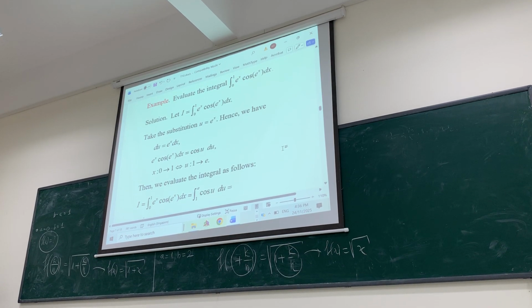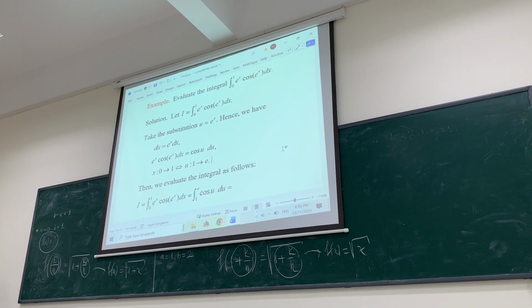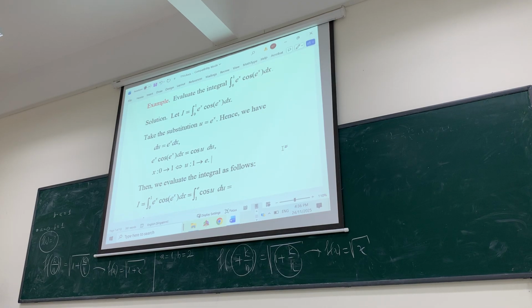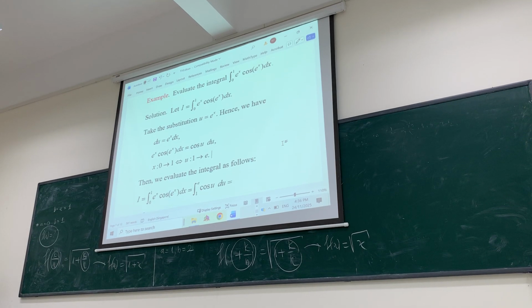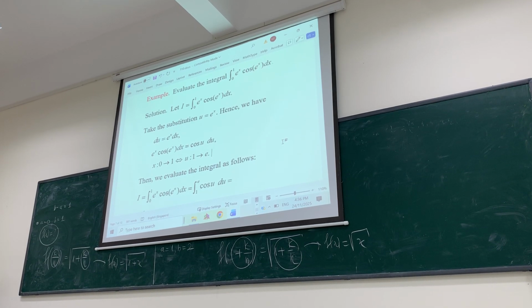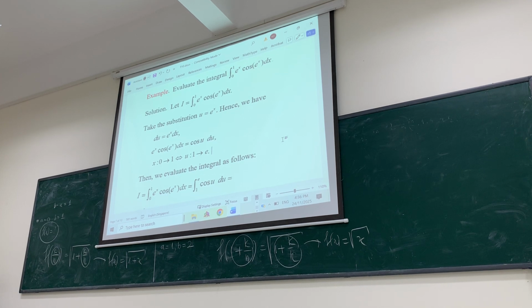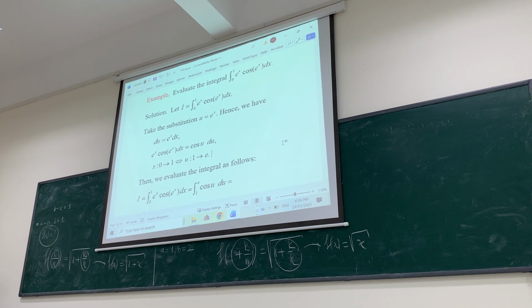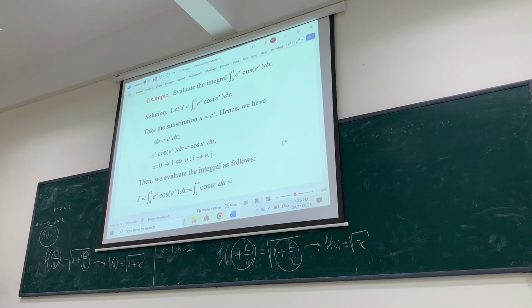We can express the integral by the integral with respect to u. I think the integral here is easy to estimate. We can use the Newton-Leibniz formula in this situation to compute the definite integral.